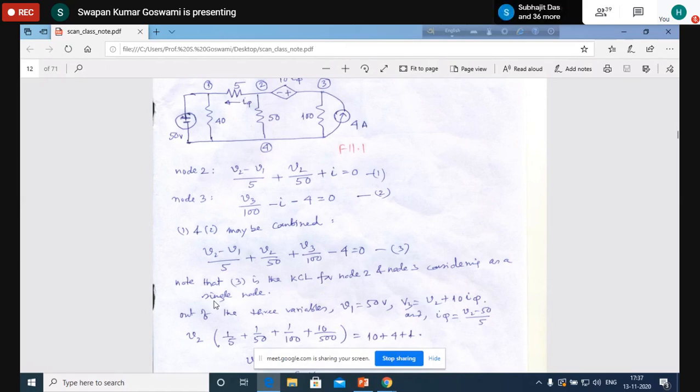If there is another node connected to node 3, say, by an ideal voltage source, say to some node 5, then you can consider that node also as part of the supernode. That means Kirchhoff's current law is valid not only for a single point of the circuit, it is valid for a zone of the circuit.